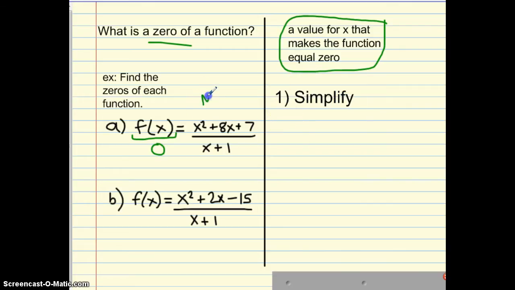So we want stuff that multiplies to 7 and adds to 8. So we will have x plus 7, x plus 1, all over x plus 1. And that's going to be equal to 0.